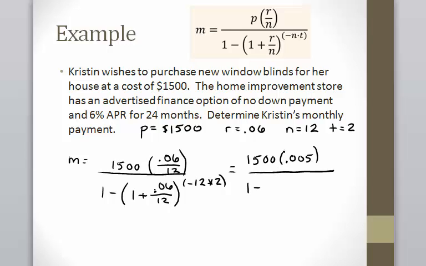In the denominator, the part that's in parentheses, 1 plus 0.06 divided by 12 is equal to 1.005. And we're going to raise that to the negative 12 times 2, so the negative 24th power. If we multiply on the top, 1,500 times 0.005, that gives us 7.5 on the top.